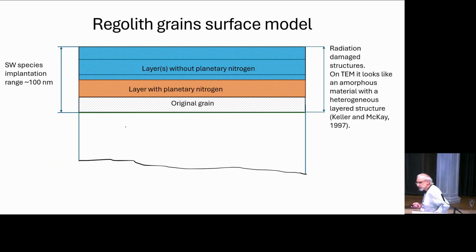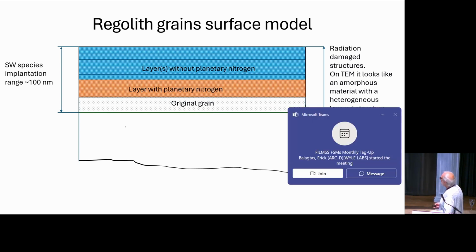So what is our model for nitrogen, argon, and noble gases? In order for argon and nitrogen to release the same way, we need annealing to affect both of them.